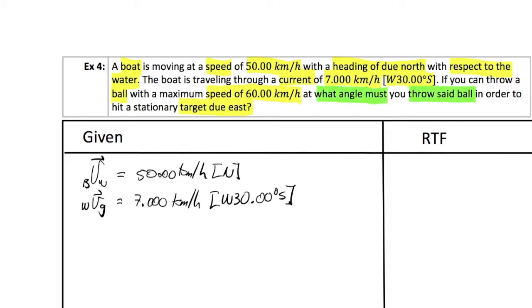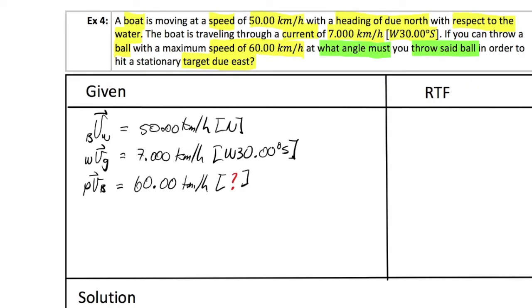The next value is the magnitude of the projectile's velocity with respect to the boat. So this is going to be our PVB. But we have some missing information. We do not know what the heading is, so that value is unknown. What we do know is the direction of the resultant.